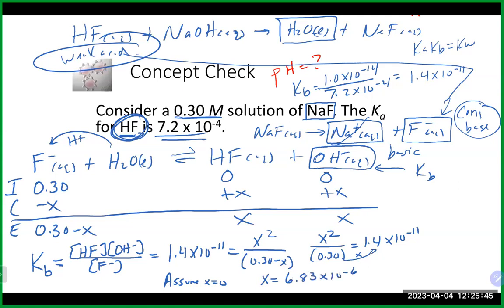We do want to check it, so we're going to divide that by 0.3, times it by 100. And our check is good. It's not even 0.1%. So the check is good here.